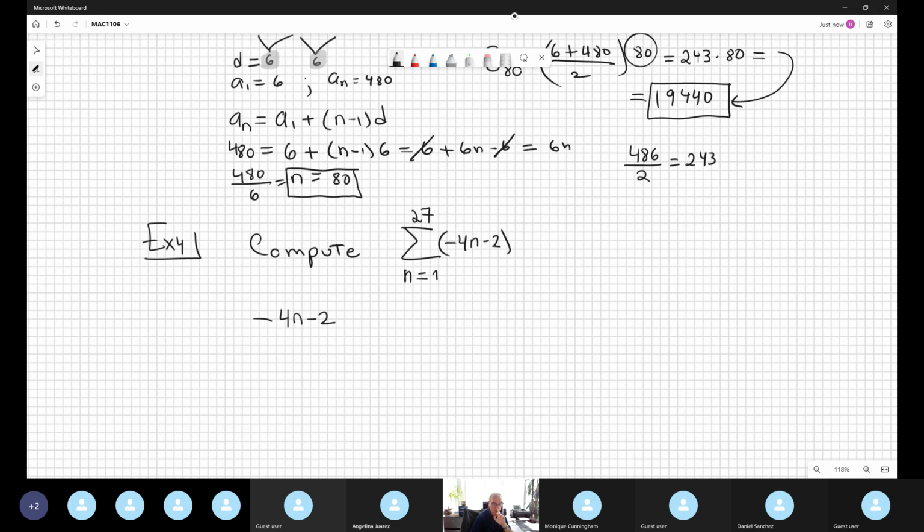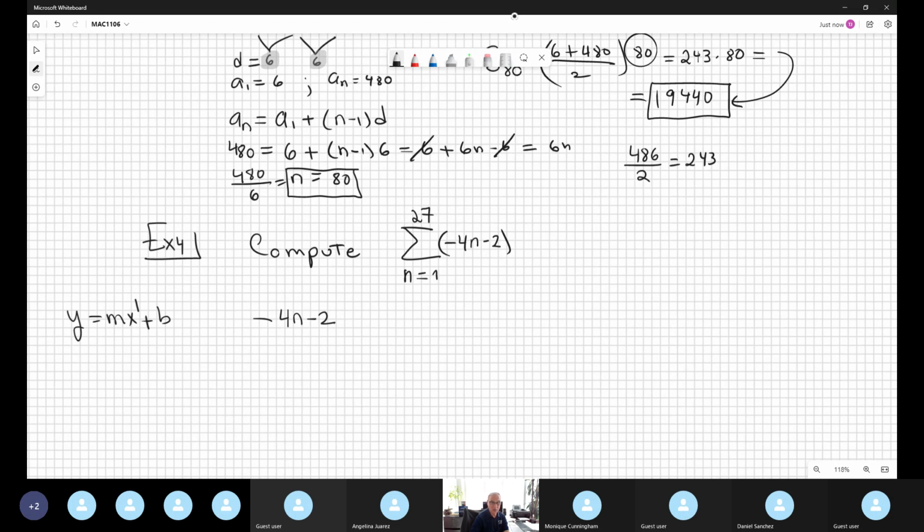Suppose the linear equation is mx plus b, the connection between x and y. We have no exponent 2, 3, 4, 5, it's exponent 1, it's linear. And this is also linear. When it's linear, it's arithmetic, because the common difference can represent the slope, which is negative 4.